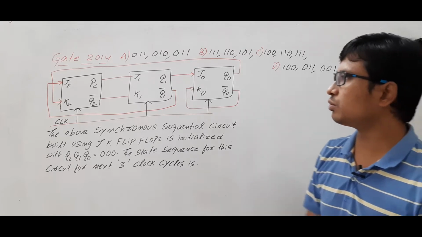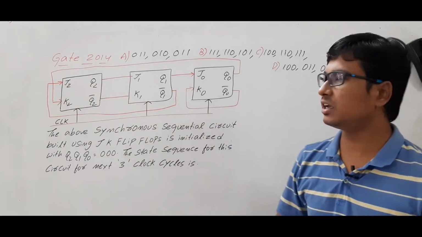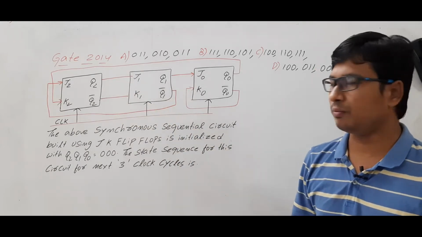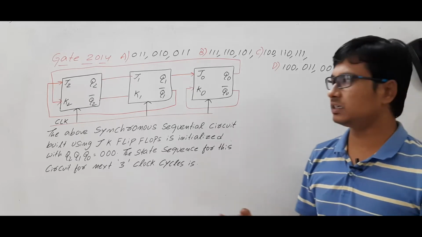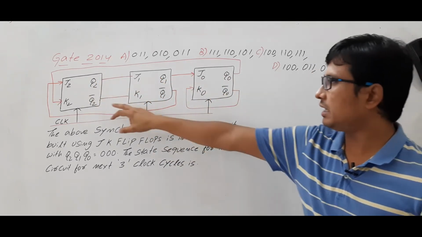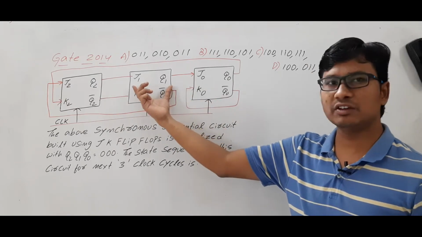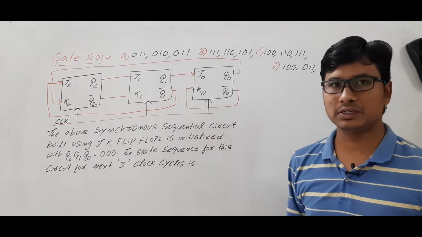Now for doing that, we need to find the J and K values in each flip-flop. Am I right? Because they have given Q2, Q1 and Q0 and their complements. Because it is a JK flip-flop, you will have J and K and you will have Q1 and Q1's complement.